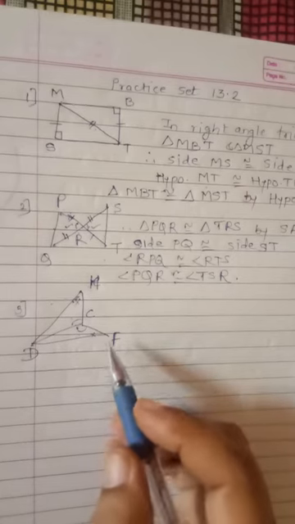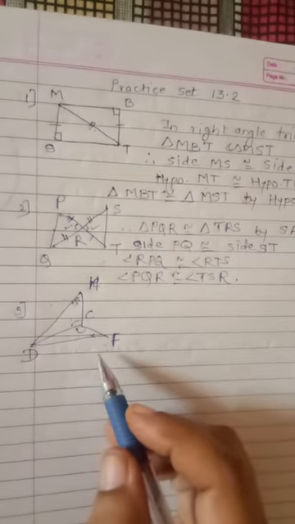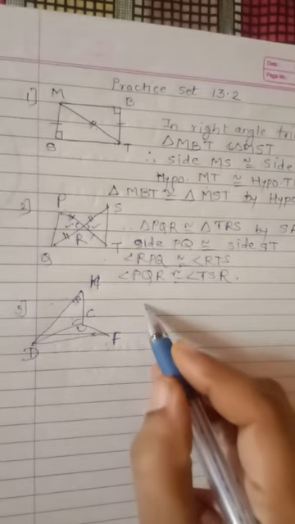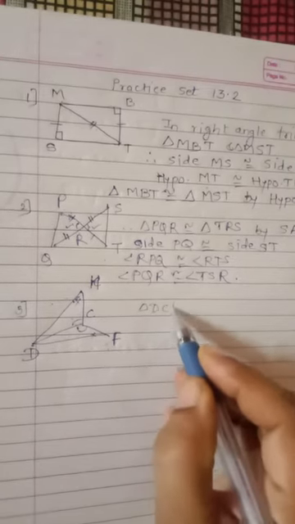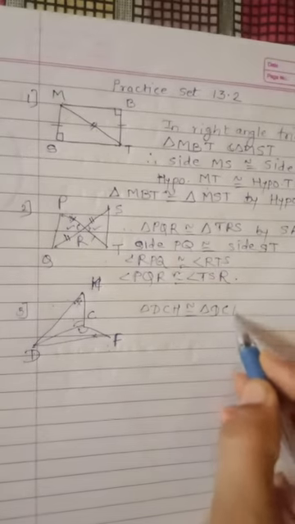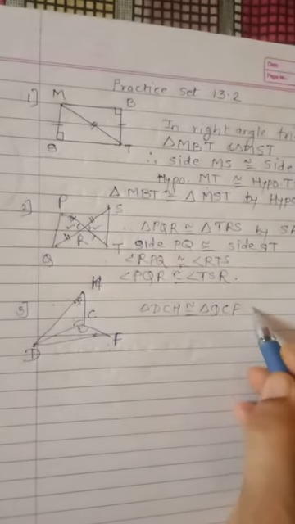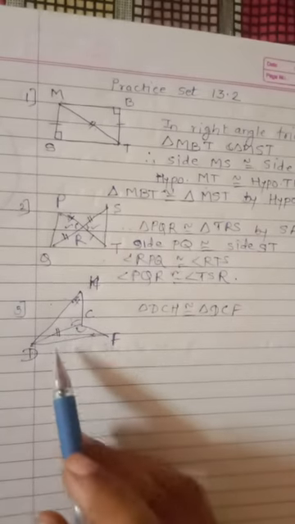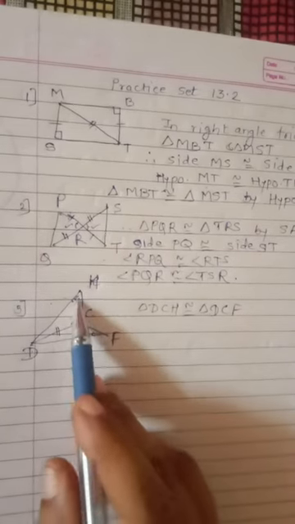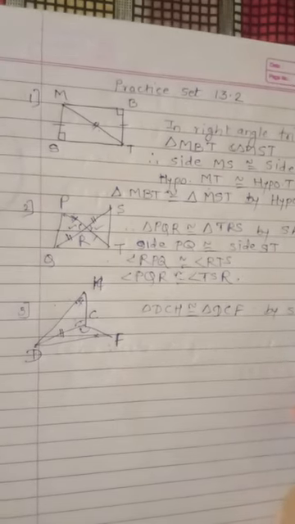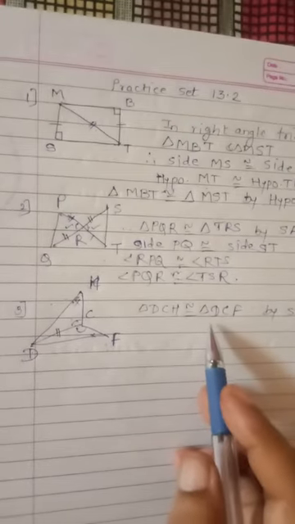So, by which test are these 2 triangles congruent? Consider triangle DCH congruent to triangle DCF. See here, DC side is common in both the triangles. So by SAA test of congruence, these 2 triangles are congruent.